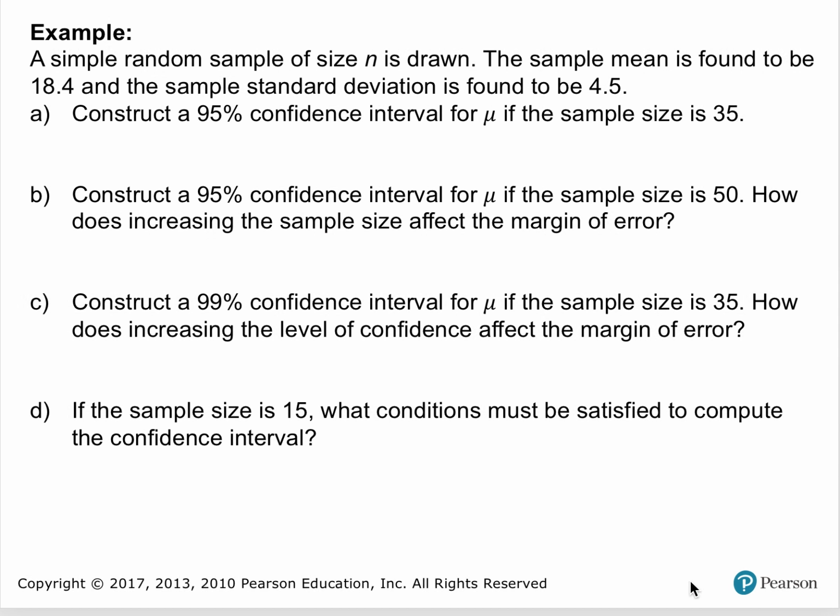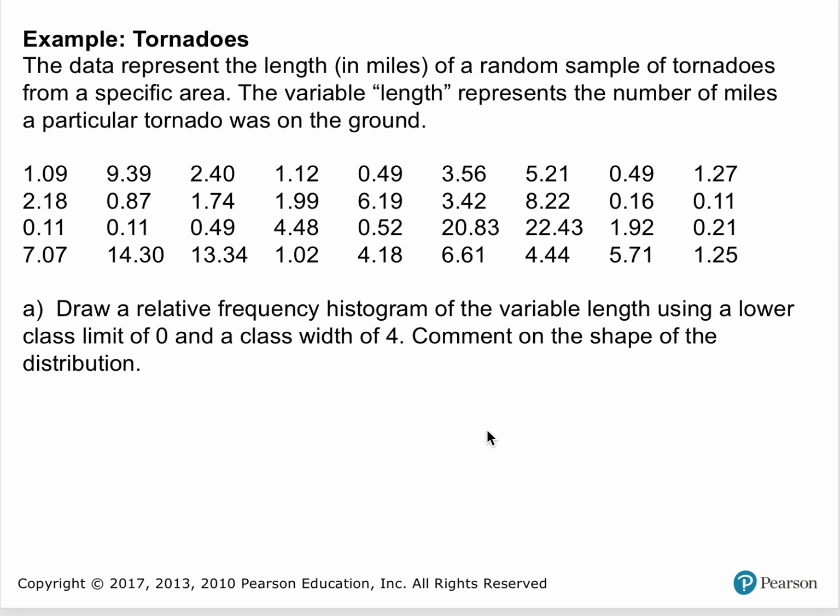Okay, the data represent the length in miles of a random sample of tornadoes from a specific area. The variable length represents the number of miles a particular tornado was on the ground. Draw a relative frequency histogram of the variable length using a lower class limit of 0 and a class width of 4.